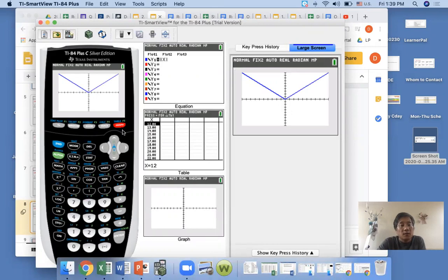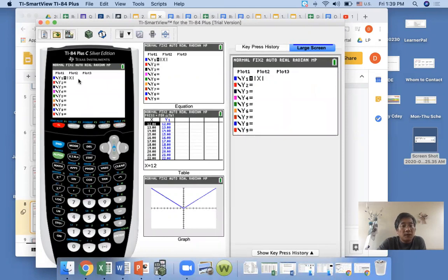Right. But if you see any number outside of the absolute value of X, then what should you do? You should add plus 5. Let's try plus 5. What happened?